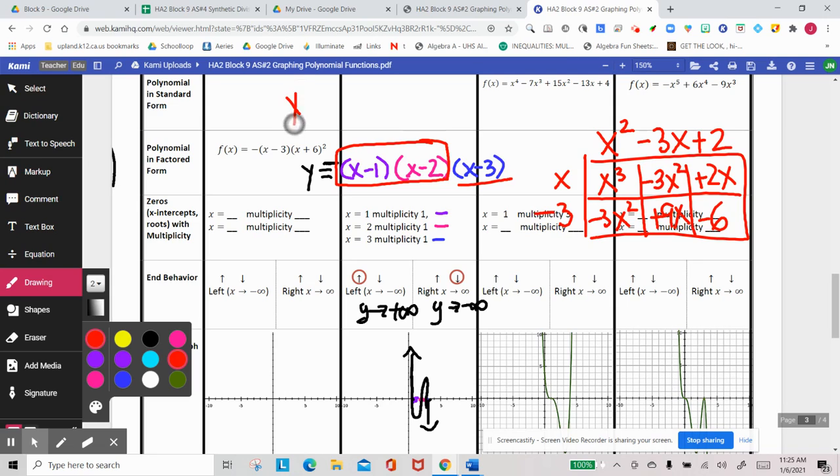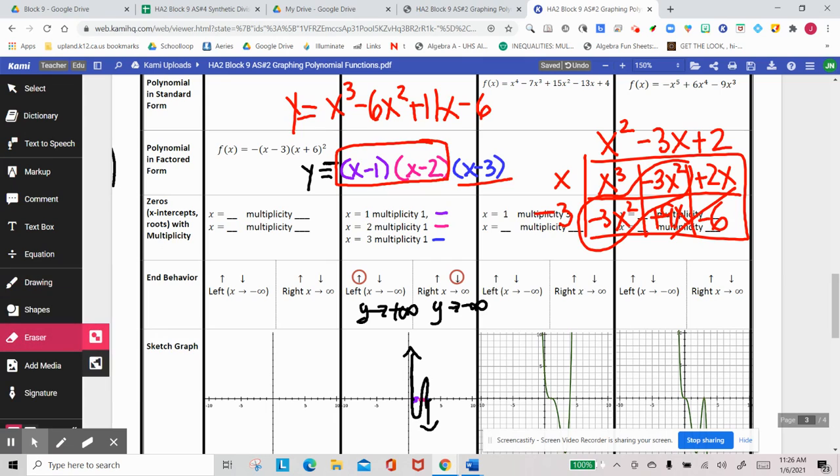And when I combine like terms, I get y equals x cubed. Be careful with your x squares. They almost look like they cancel, but it's minus 6x squared plus 11x minus 6. Okay. And if I were being a little bit more accurate, notice that my y-intercept is negative 6.